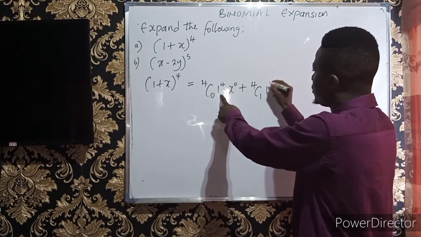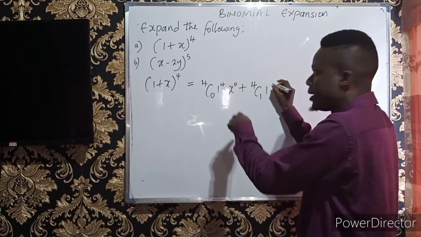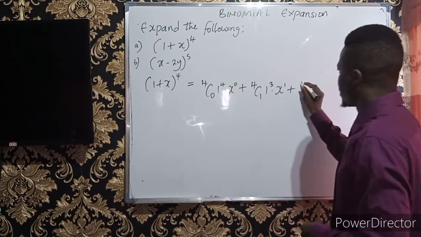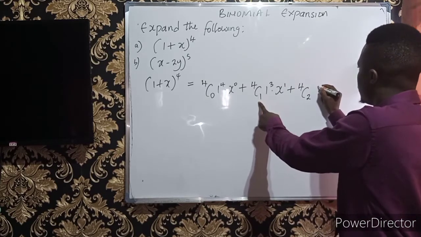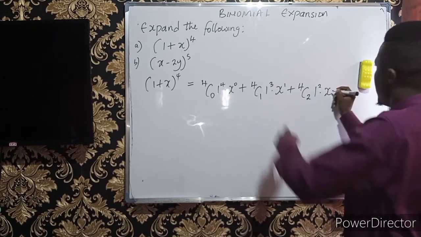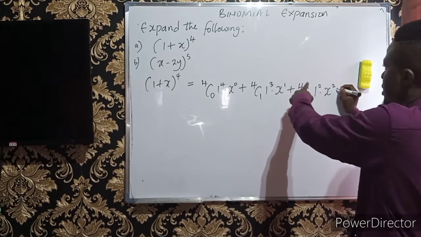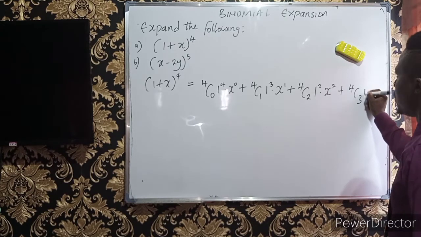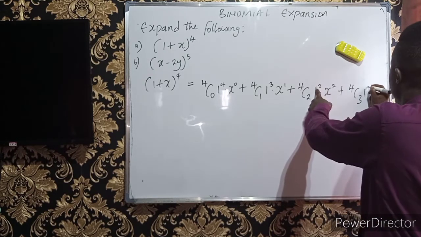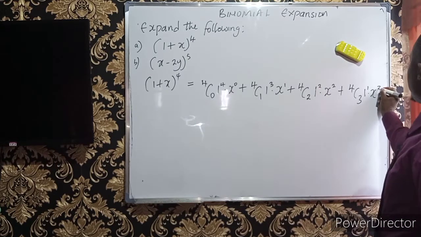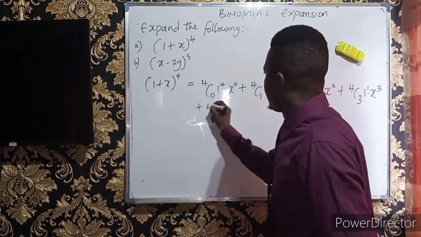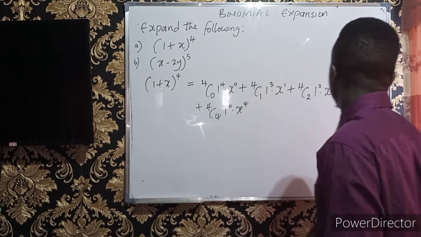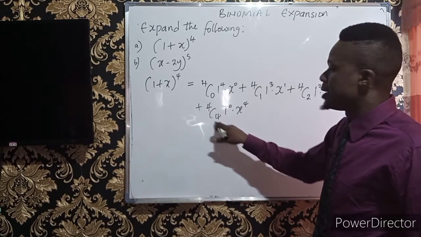The power turns to 4 minus 1, that is n minus 1, which is now 3, times x, which increases to 1, plus 4 combination 2. 1 will reduce to 2, x will increase to 2, plus 4 combination 3. 1 will come down to 1, x will increase to 3, plus 4 combination 4. 1 comes down to 0, x increases to 4. So once you reach 4 combination 4, when this and this are the same, you stop.